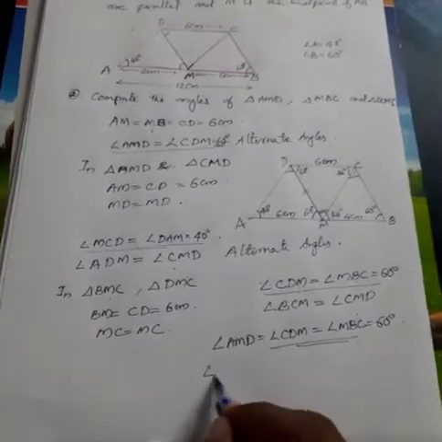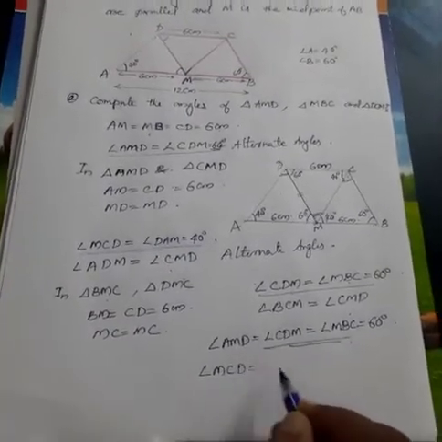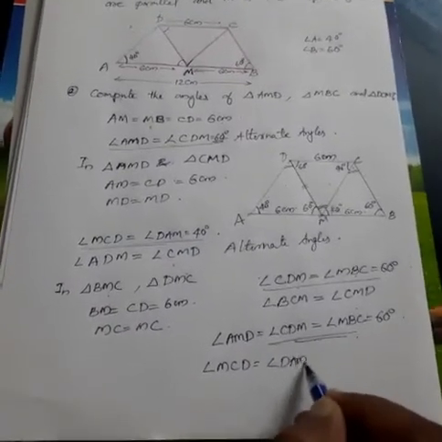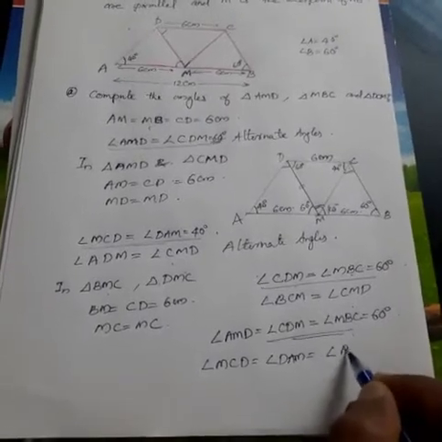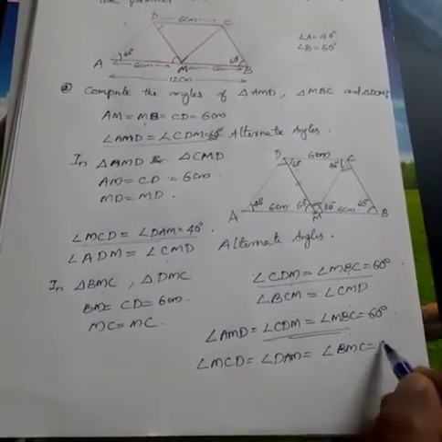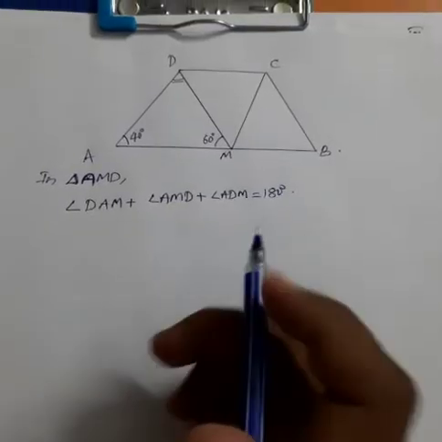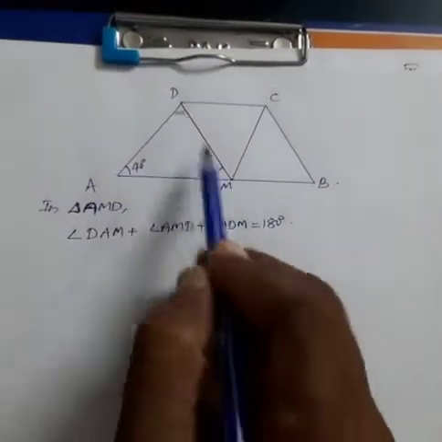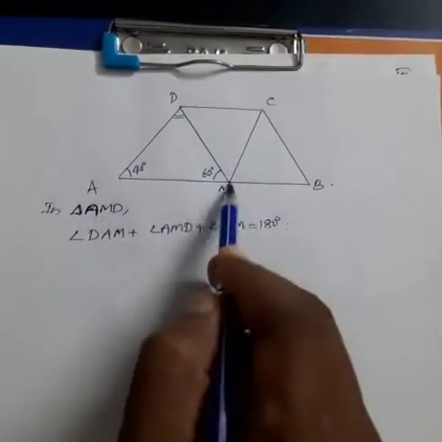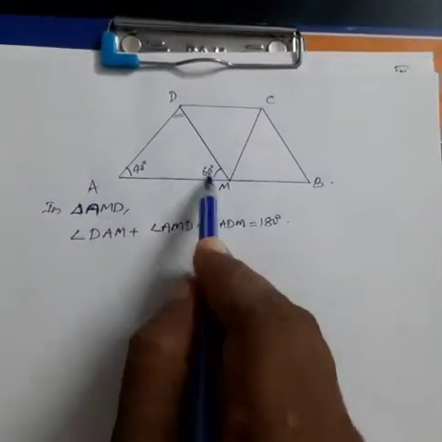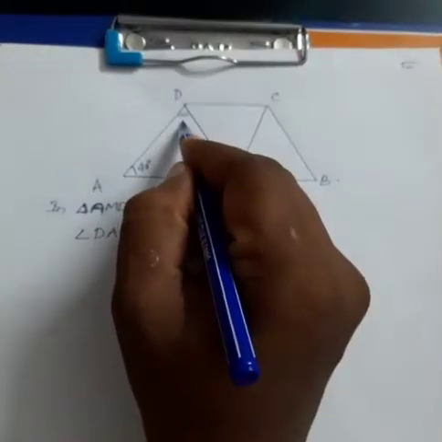So angle MCD is equal to angle DAM is equal to angle BMC is equal to 40 degrees. Consider the first triangle AMD. Here these two angles are given. You have to find out the third one.